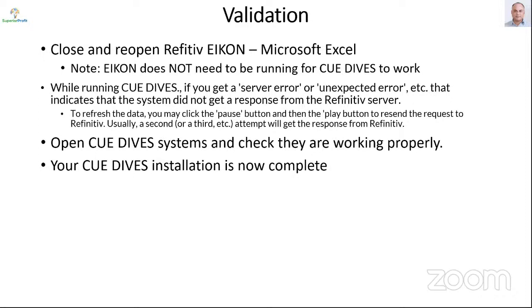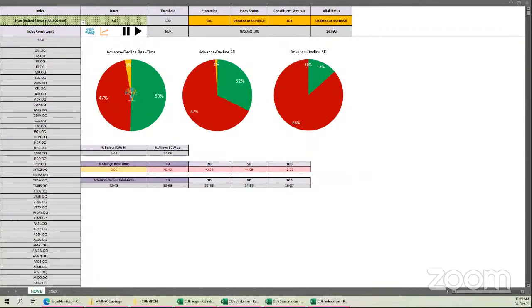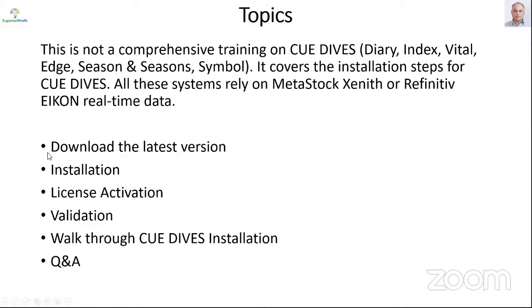QDives installation is complete. What did we do today? Let's go to the topics again, just to summarize. We downloaded the latest version from the personalized download page, installed it. That is quite simple. Place the Excel files and DLL files in the appropriate folders.